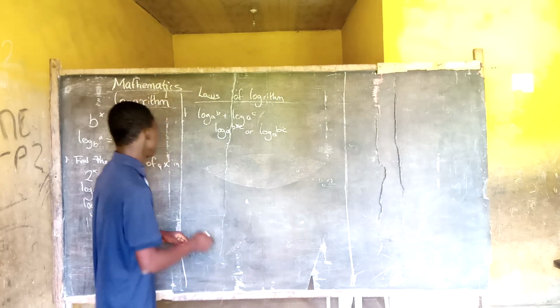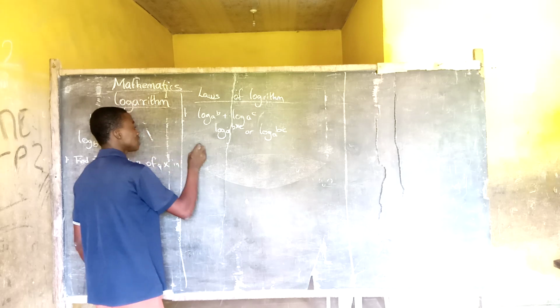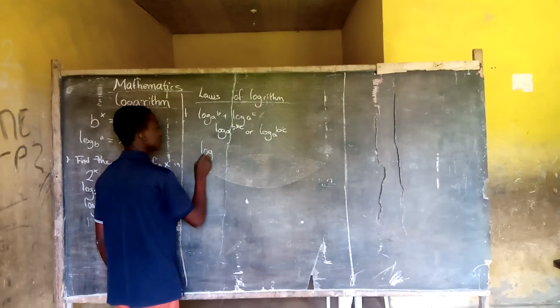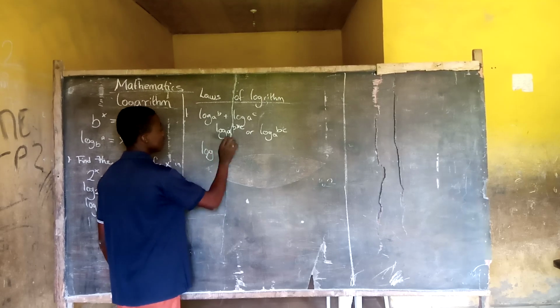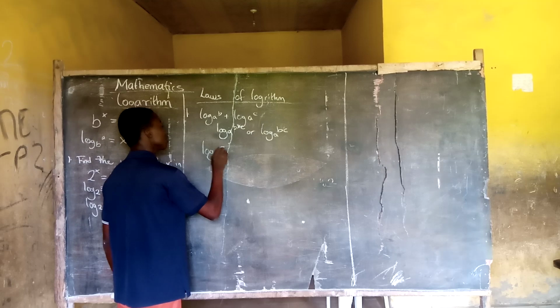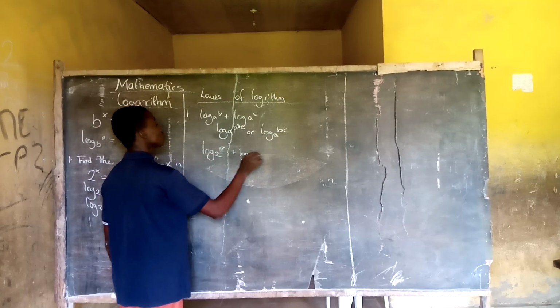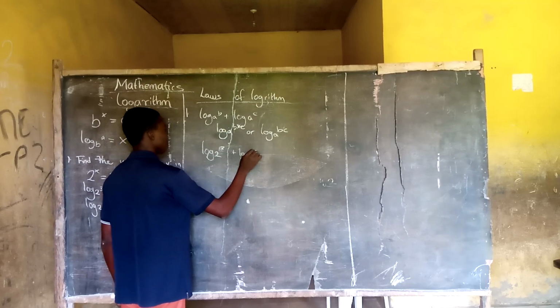Okay? Now number 2. Let's take an example for this one. Let's say log to base 2 to power 3 plus log to base 2 to power 5.